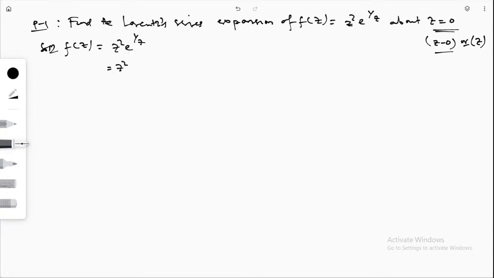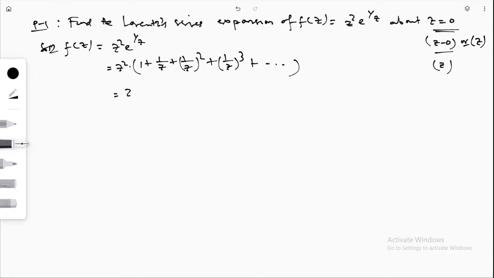All the powers will be in the form of z to the power something, positive power, negative power, like this. So z square is okay. Then e to the power 1 by z means the series expansion of e to the power 1 by z. So I can write this as 1 plus 1 by z plus 1 by z square, 1 by z whole cube, like this.